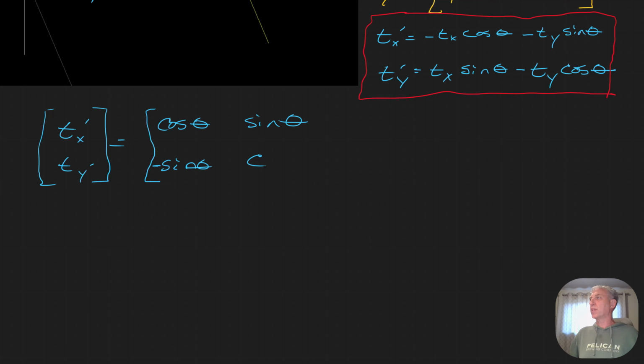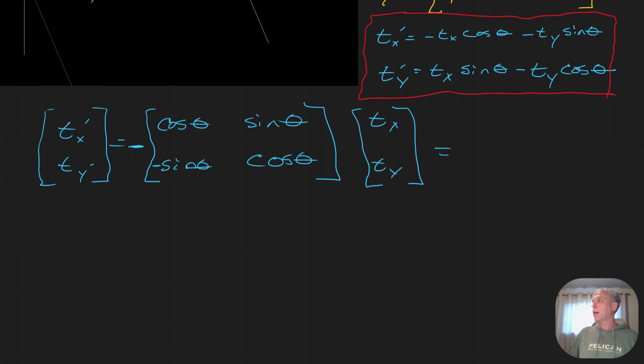Oh, I'm moving the negative out, by the way. Cos theta. All I did was pull that negative out, times tx and ty. All right, and all of that we would call our t prime vector.